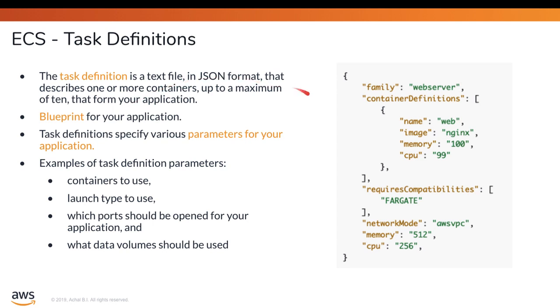For example, here the container contains an Nginx web server, and you're allocating how much memory and CPU you need, what kind of launch type you need, and what the network mode is, whether you want awsvpc. There are also other modes: host, none, and bridge mode.